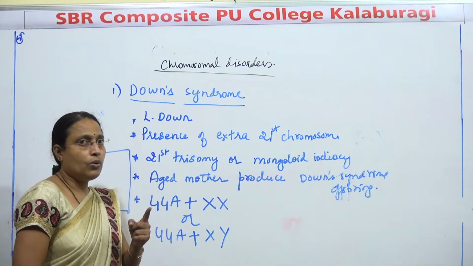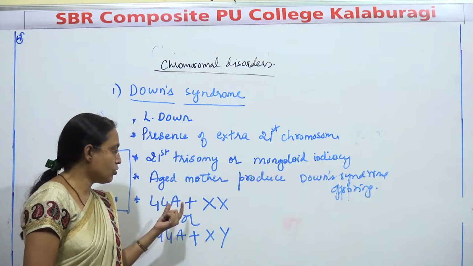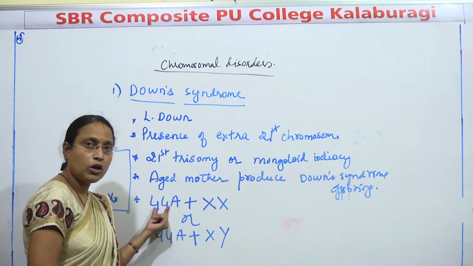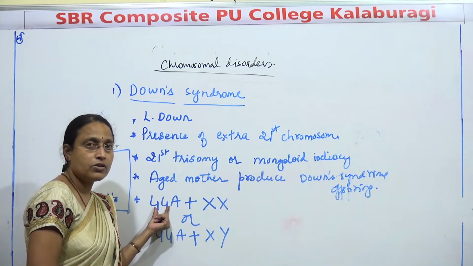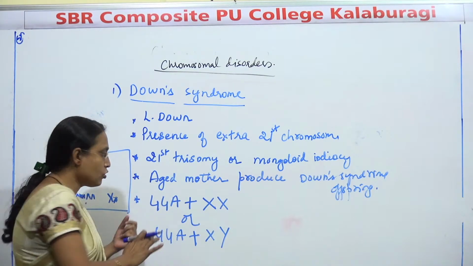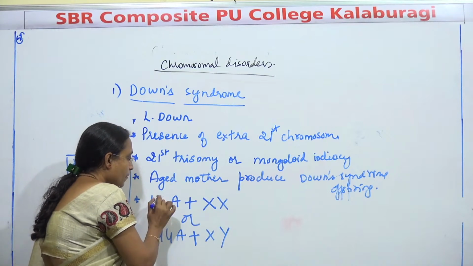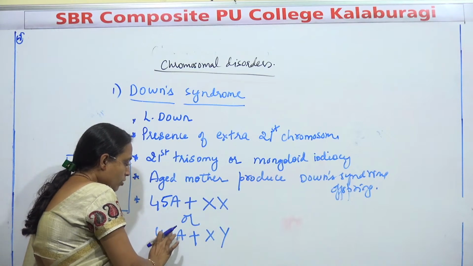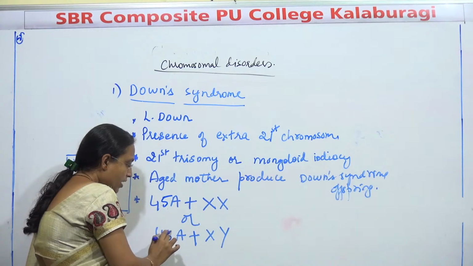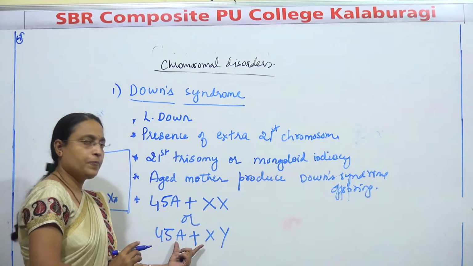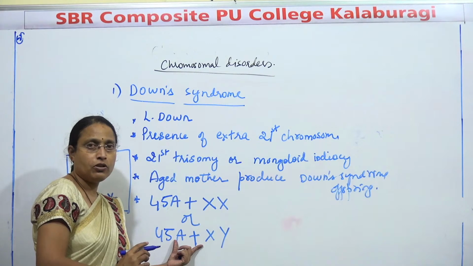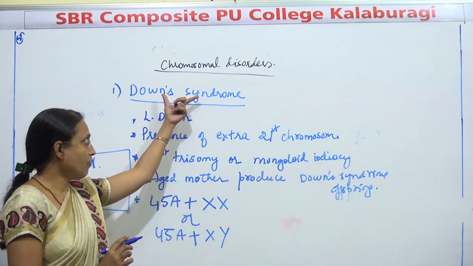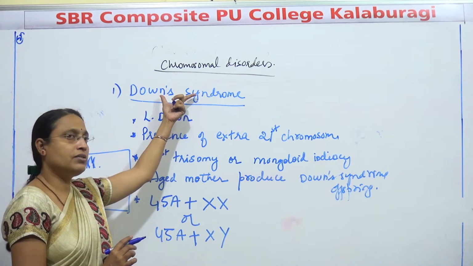Now you know that the 21st chromosome is extra. So instead of 44, what will be the chromosomal complement or chromosomal condition in Down syndrome? It will be 45. Here also it is going to be 45. So this is the chromosomal condition or complement of Down syndrome patients.